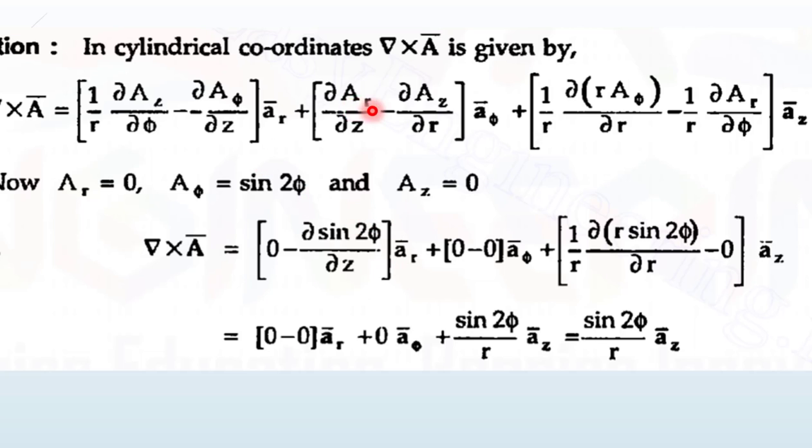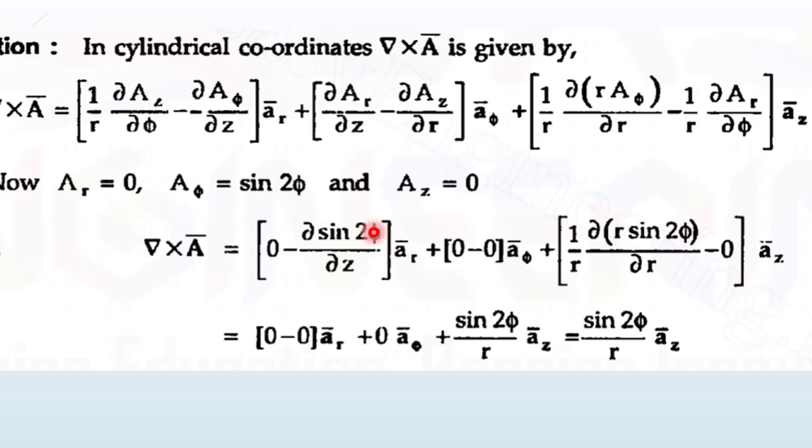Plus, now AR and AZ both components are 0, so these two terms are again 0 into a phi cap, plus 1 upon r dou by dou r of r into A phi. So A phi is sine of 2 phi, we have to multiply it first by r, then take the derivative with respect to r. So it is 1 upon r dou by dou r of r sine of 2 phi, minus AR component is 0, so it is 0 into az cap.